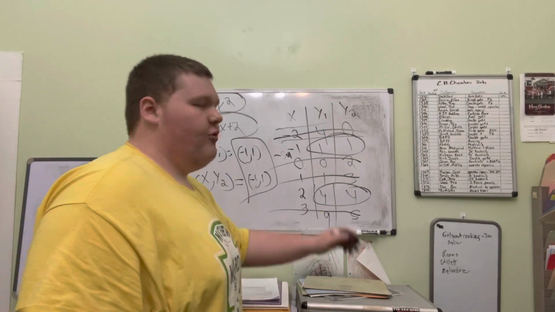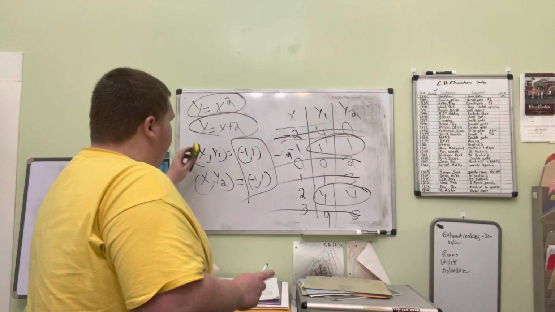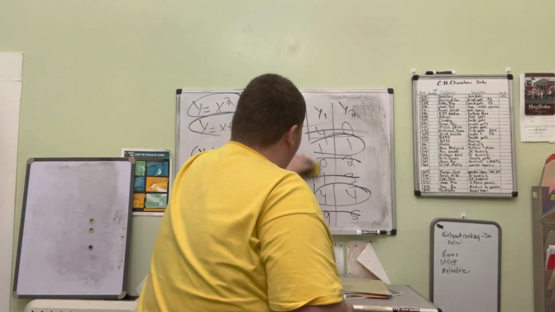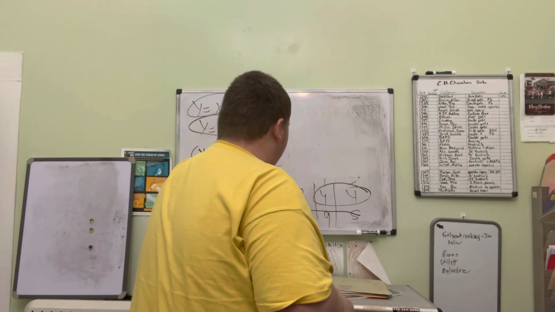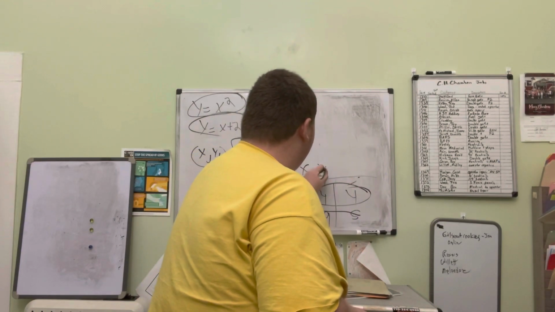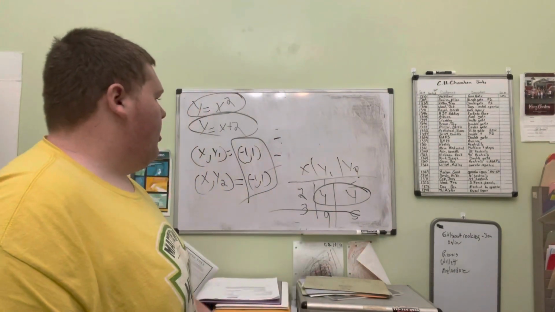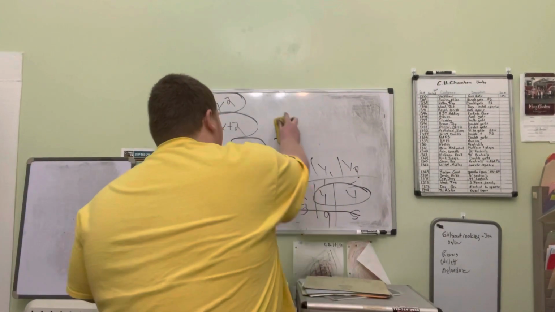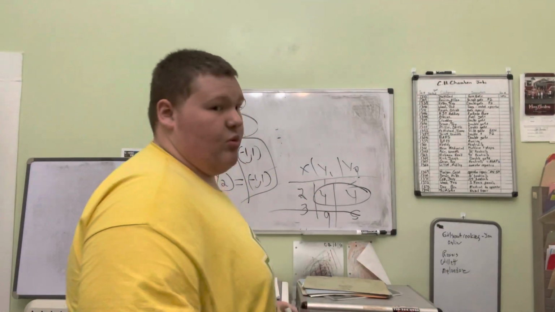Now, let's look at another one. Let's look at 2, 4, and 4. I'm going to erase the top half real quick. Let's look at this row right here. It's a row, actually, not a column.